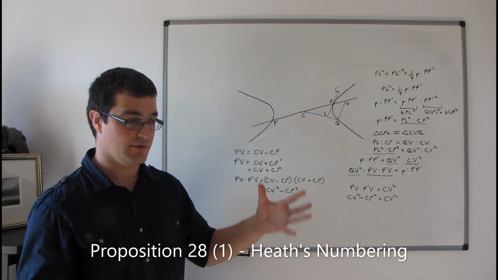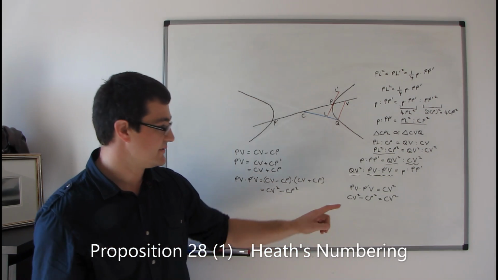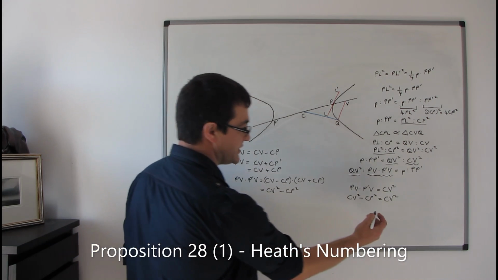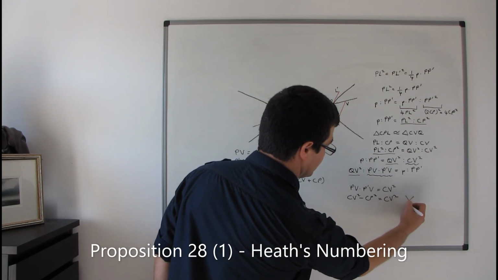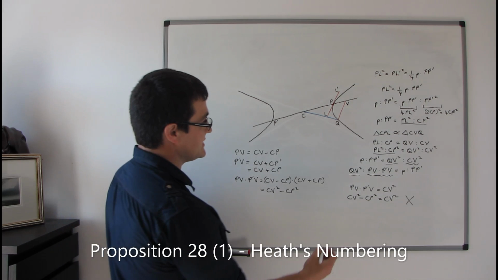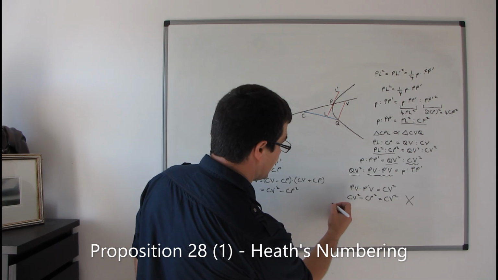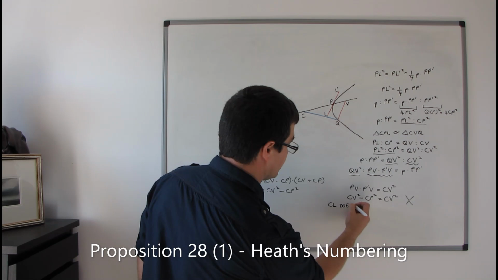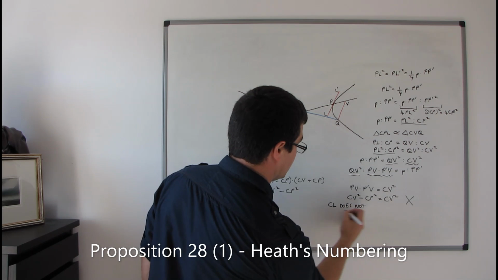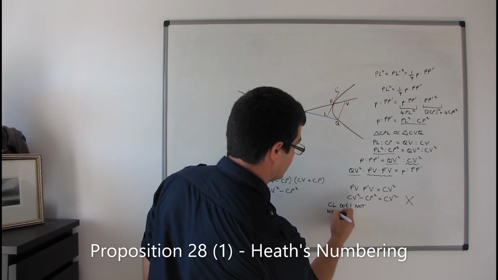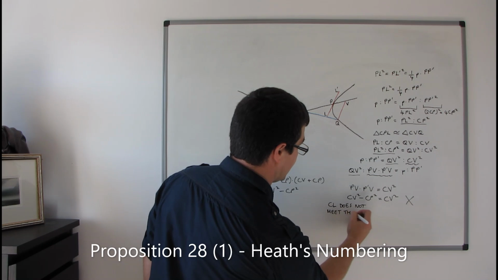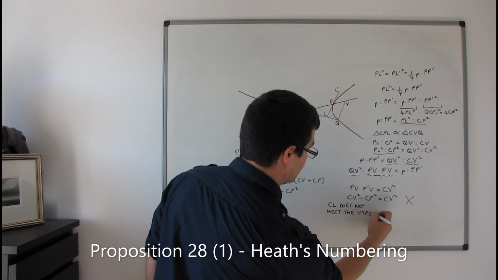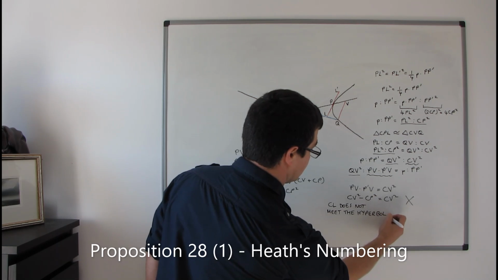If we subtract something positive from CV squared, we can't end up with CV squared again. So this is our contradiction. So the conclusion is that, in fact, the line CL does not meet the hyperbola.